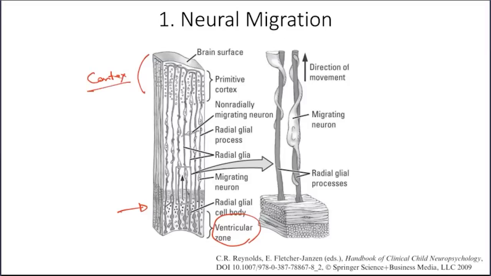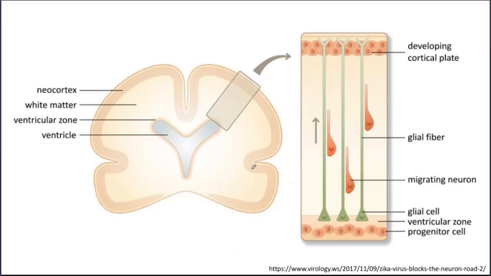They are being generated here, and there are what we call radial glial cell bodies that guide these neurons to climb over these radial glial processes, as you can see here, and go from the periventricular zone to the cortex. This is a really interesting process of how these neurons evolve and go to the cortex from some subcortical areas.